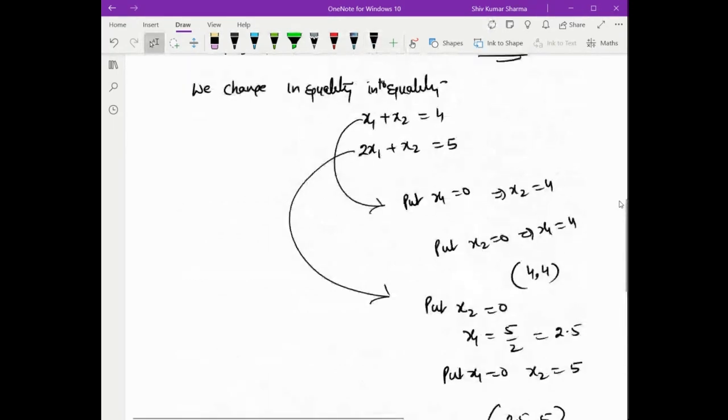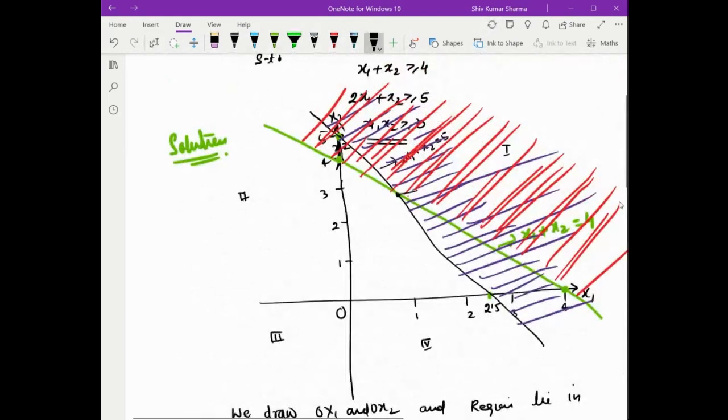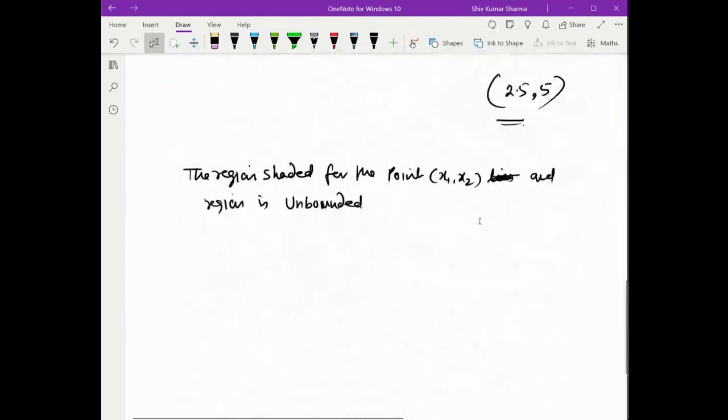The region is unbounded because there is no bounding. So this is towards infinity. So the region is unbounded, and we find out the convex feasible region.